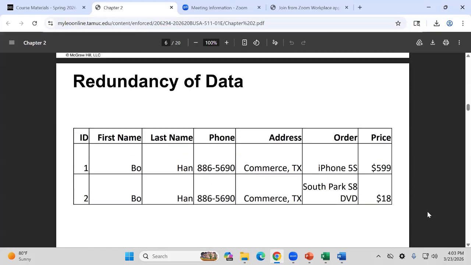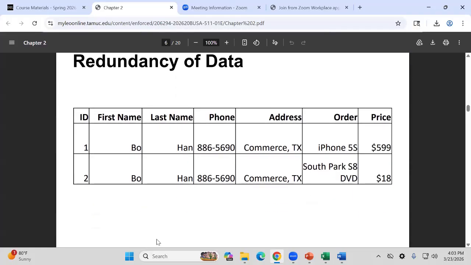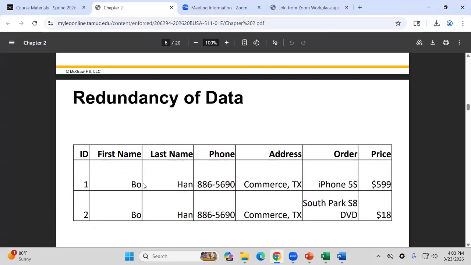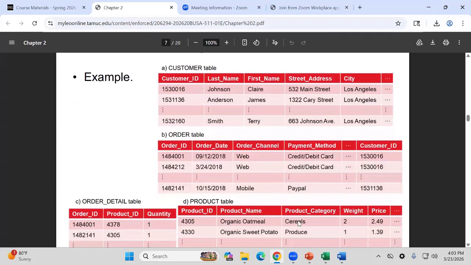This is data redundancy, right? Let's say the same customer places a second order. His name, address, phone number are known. According to the intern's design, we have to keep recording the known information. That's not efficient. That's why we want to change the database design this way.